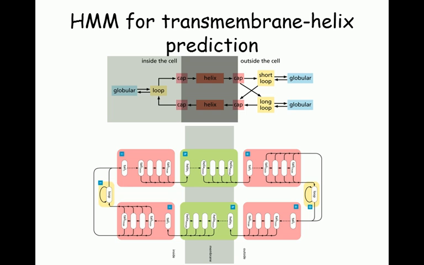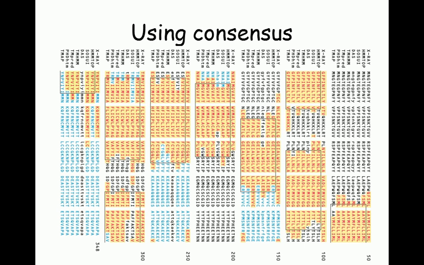Okay. So if you need to generate samples from the same family, you can run through the hidden Markov model and generate representative sequences. So using consensus just refers to running multiple methods and see how they agree.